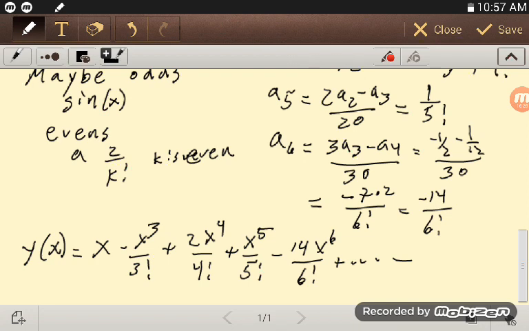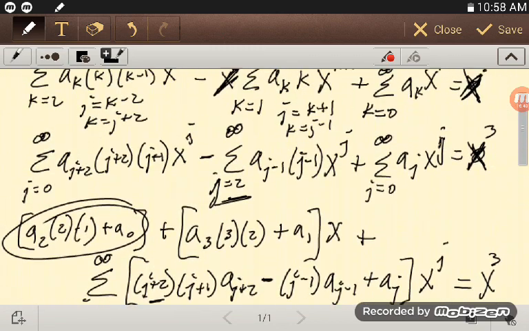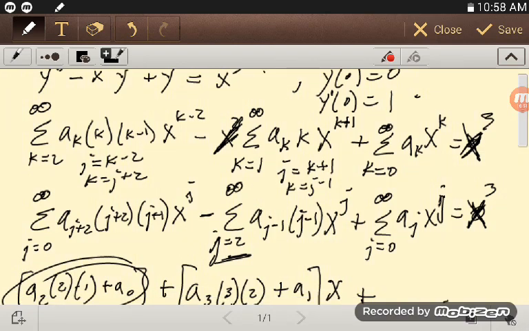And so here's our solution, at least the first few terms of it, and that is the idea, again, for an example of solving a differential equation using series. And we're kind of sticking with these second order ones that we've done.